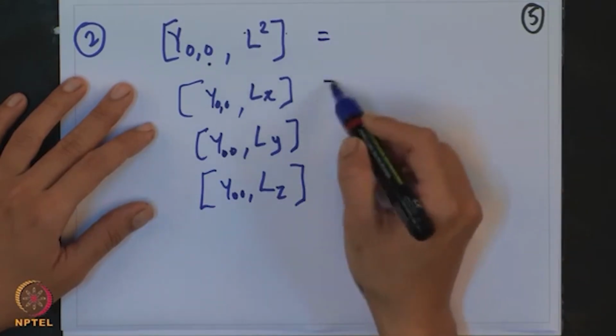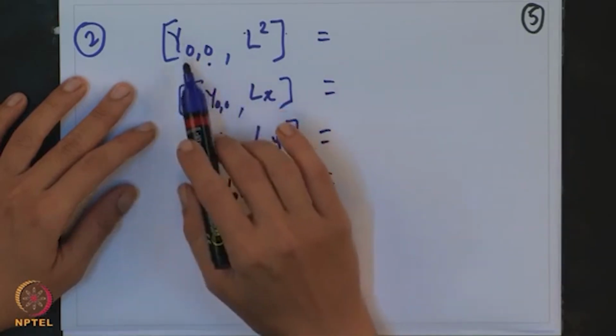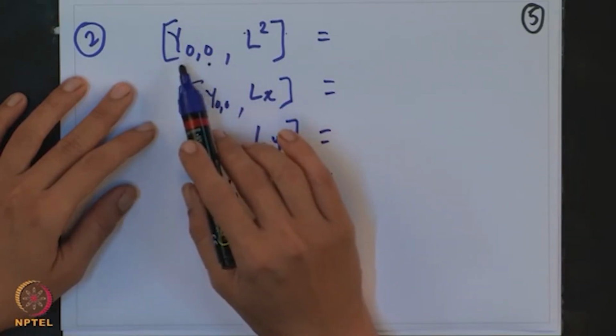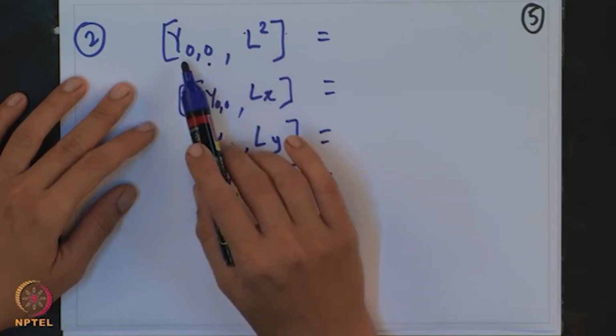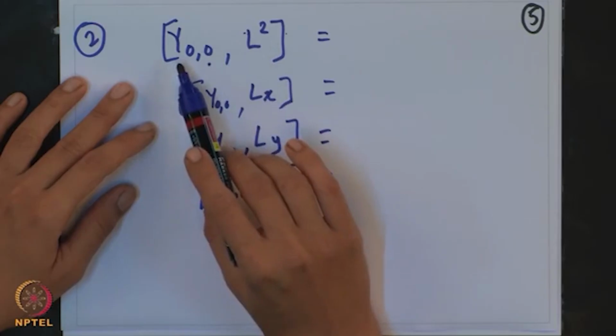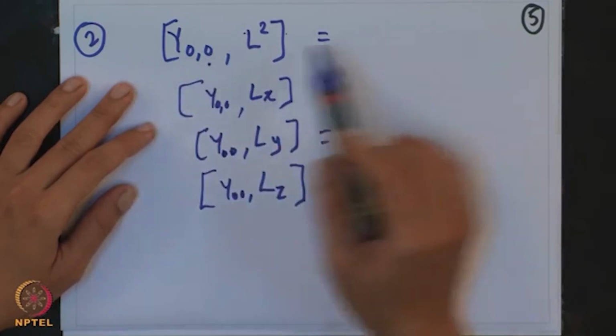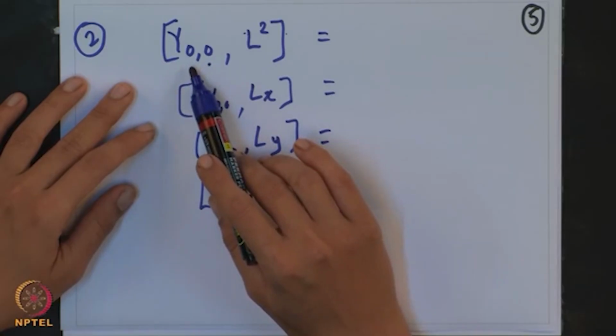So this you need to evaluate, which I think you can easily do by writing L square in polar coordinates and just writing down the value of y00.